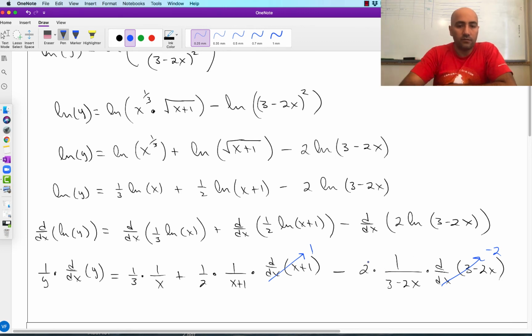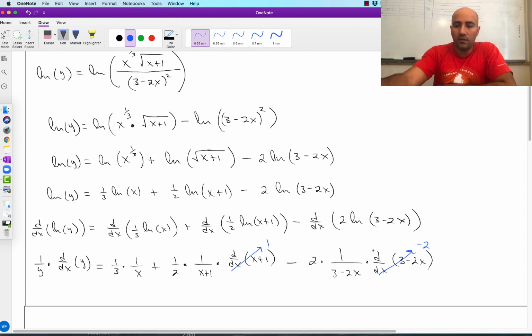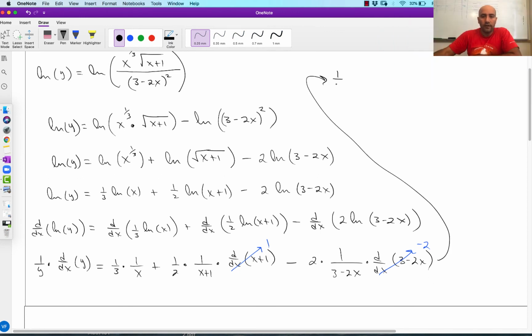So let's zoom out a little bit and bring this up here. We have that 1 over y times y prime equals 1 over 3x plus 1 over 2 times x plus 1.